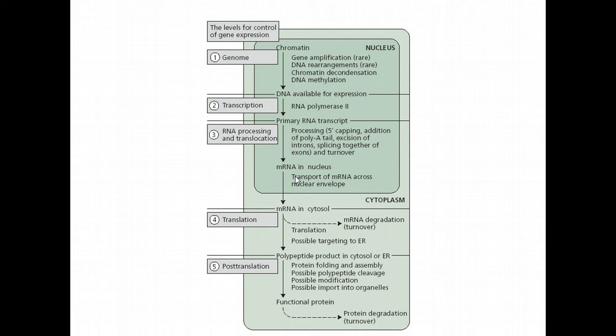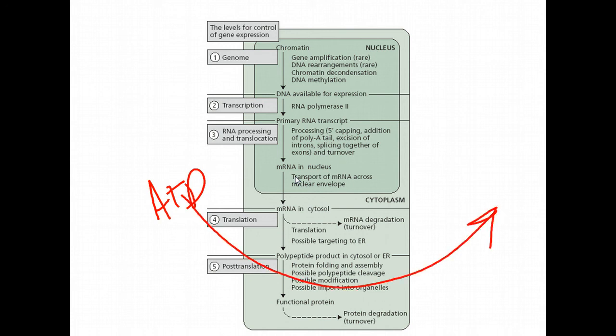It may be cleaved. One of the most common things that happens in post-translational modification is we have an ATP and we add a phosphate to the protein.